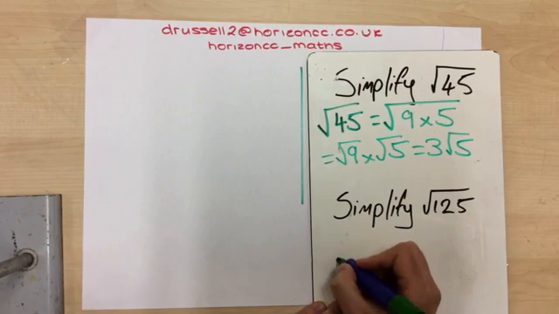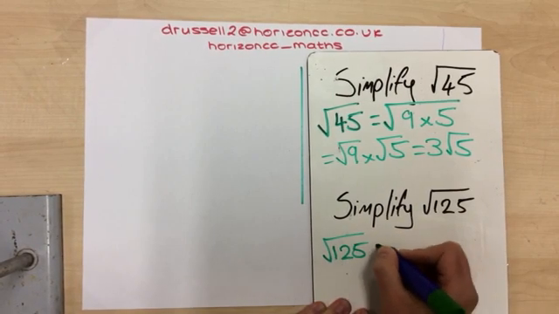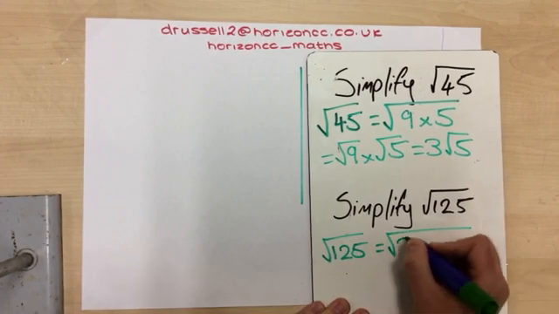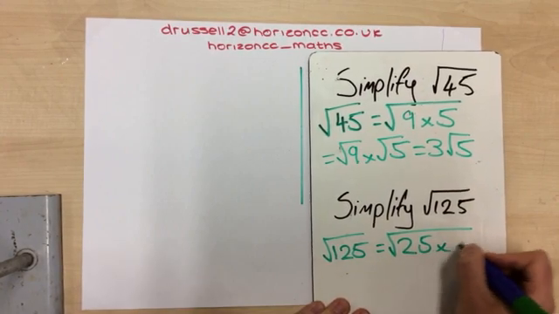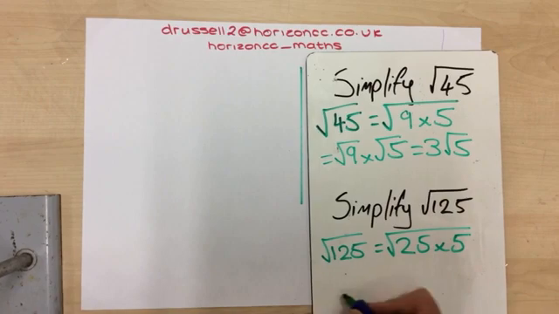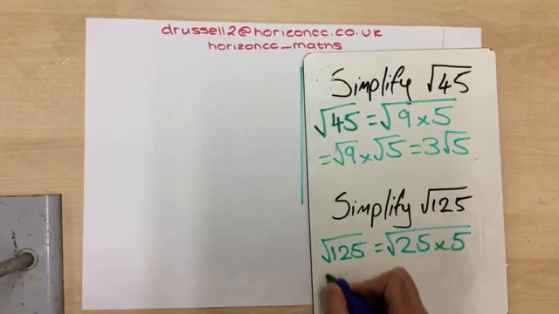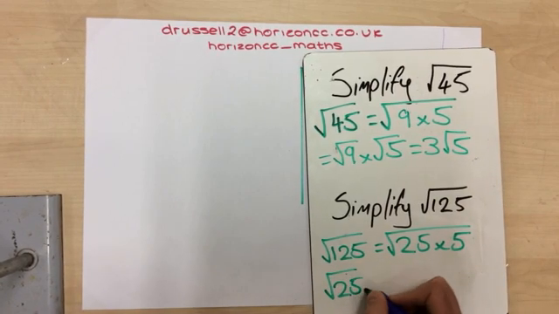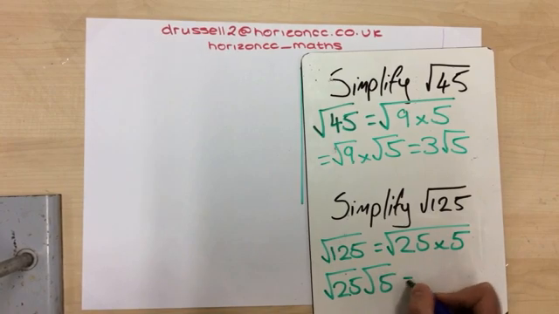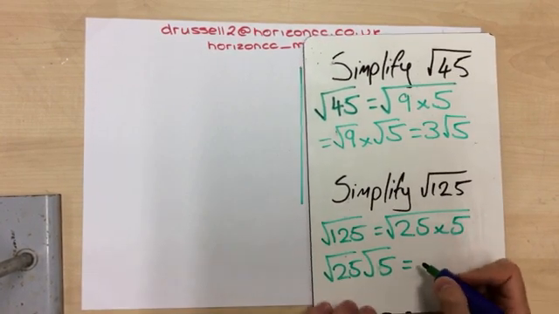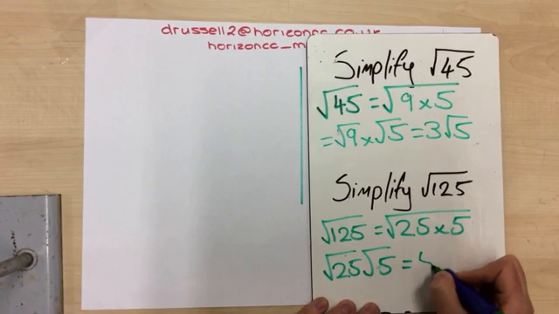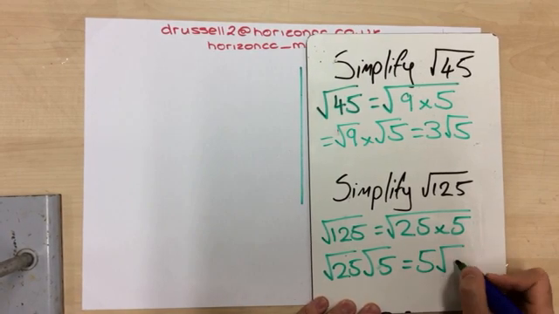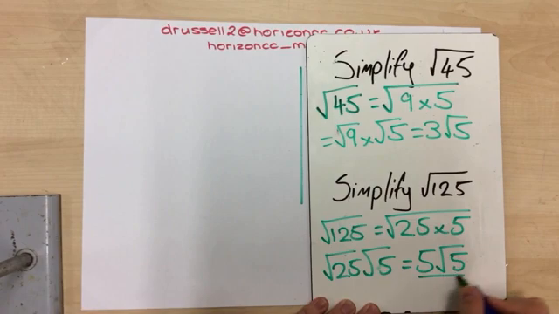We can say that root 125 is equal to the root of 25 multiplied by 5, because you can work out the square root of 25. You cannot work out the square root of 5. So the root of 25 is 5. We don't know the root of 5, so we'll leave it as 5 root 5.